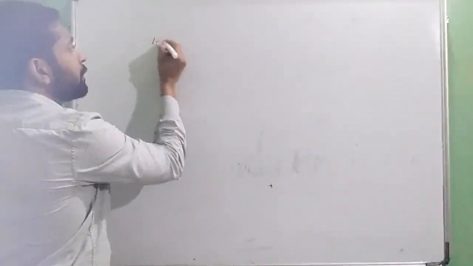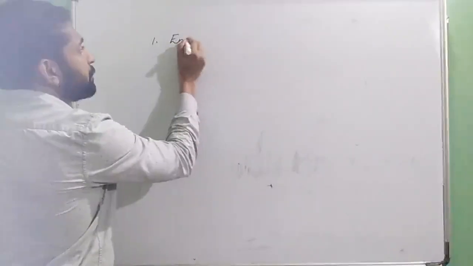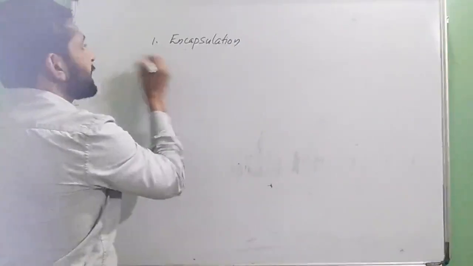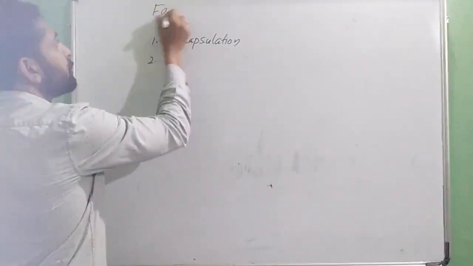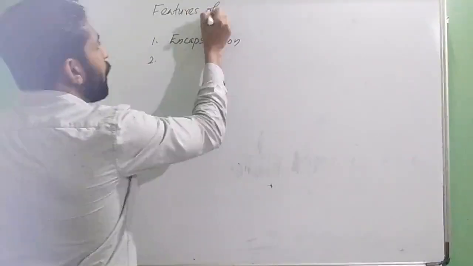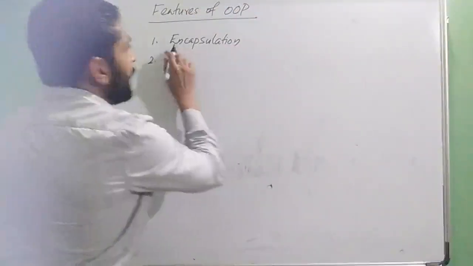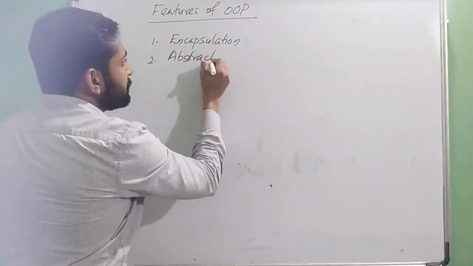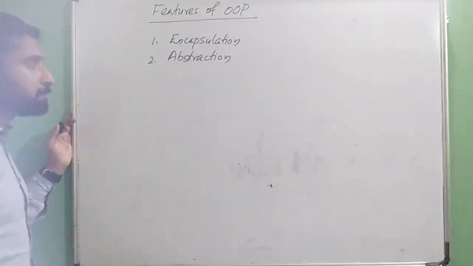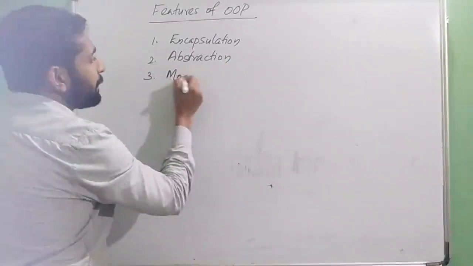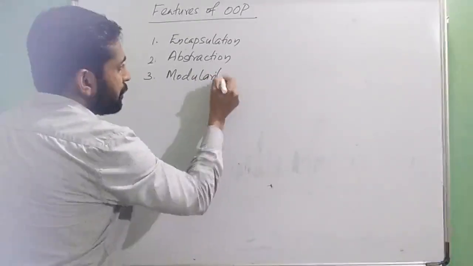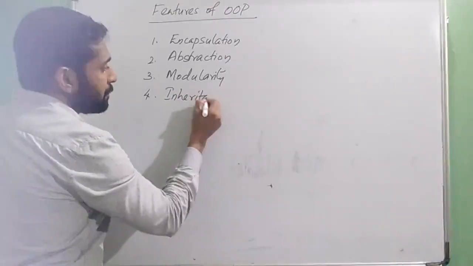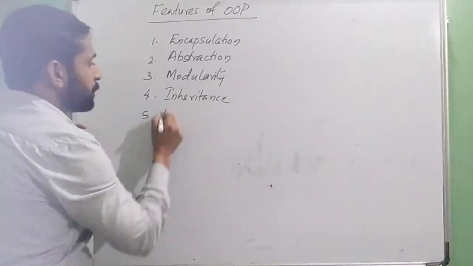Features of object-oriented program are: Encapsulation, Abstraction, Modularity, Inheritance, Polymorphism.